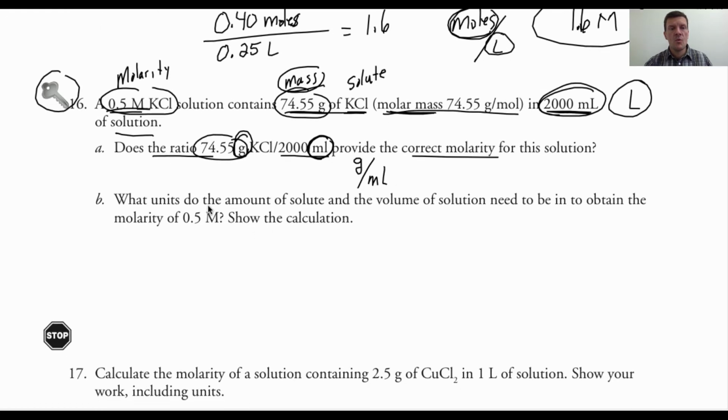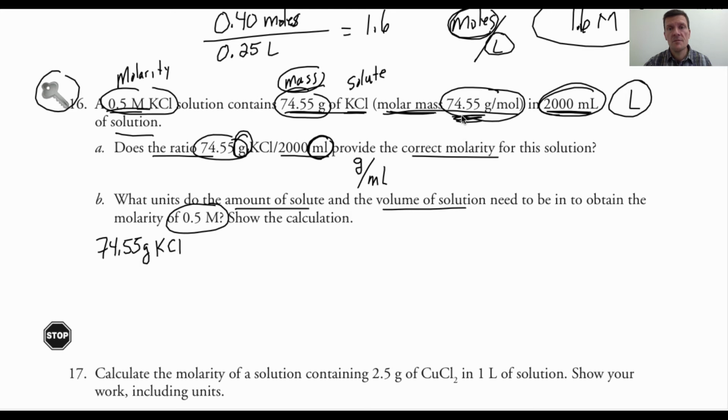Okay? What units do the amount of solute and the volume of the solution need to be in order to obtain this given molarity? Well, you have to convert the 74.55 grams of the KCl, that's potassium chloride, to moles. Here is your molar mass. They give it to you. You could get this from the periodic table, by the way.